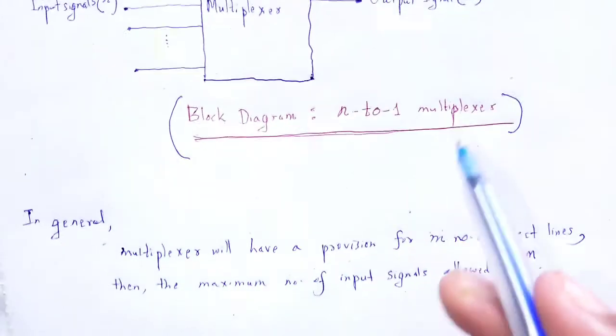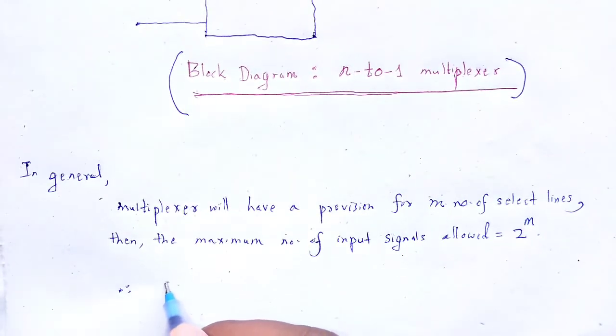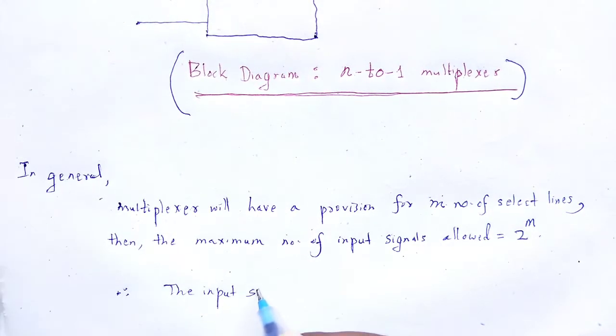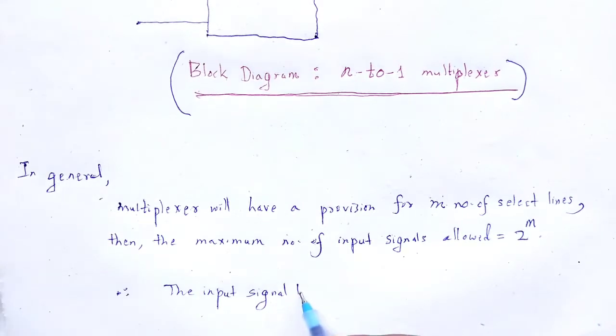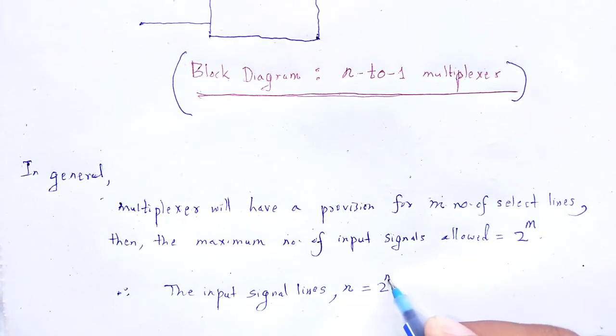Therefore, the input signal lines n is equal to 2 to the power m.